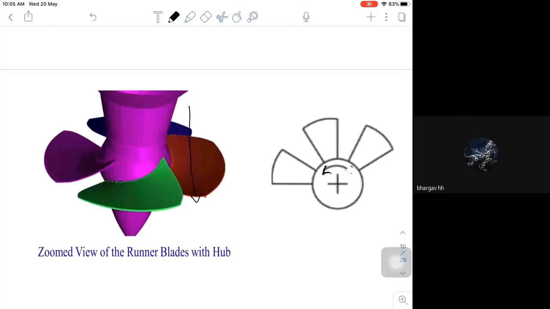Every time the fluid flows over your turbine, it remains parallel to the axis of its rotation. In the case of the Francis turbine, we used to see the fluid entering either radially or at a particular angle of inclination. But here, at every time the fluid is exactly parallel to the axis of rotation of your Kaplan turbine.